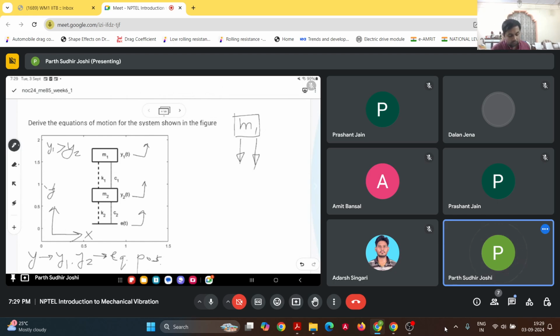So what will be the expression for the force in the spring k1, which has a stiffness k1?